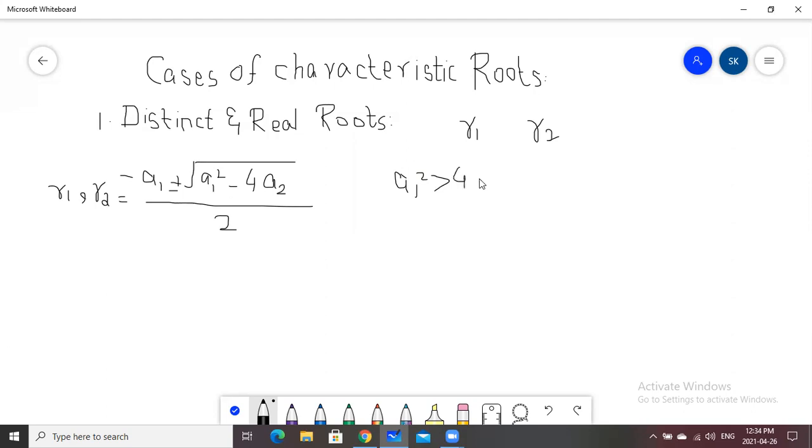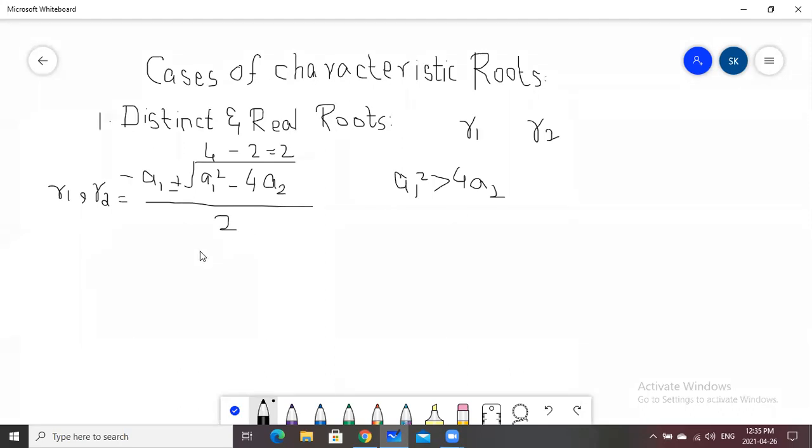We will have a positive value within this square root term. That positive number will be added to minus A1 and subtracted from minus A1, and both divided by 2 will give us two different values.